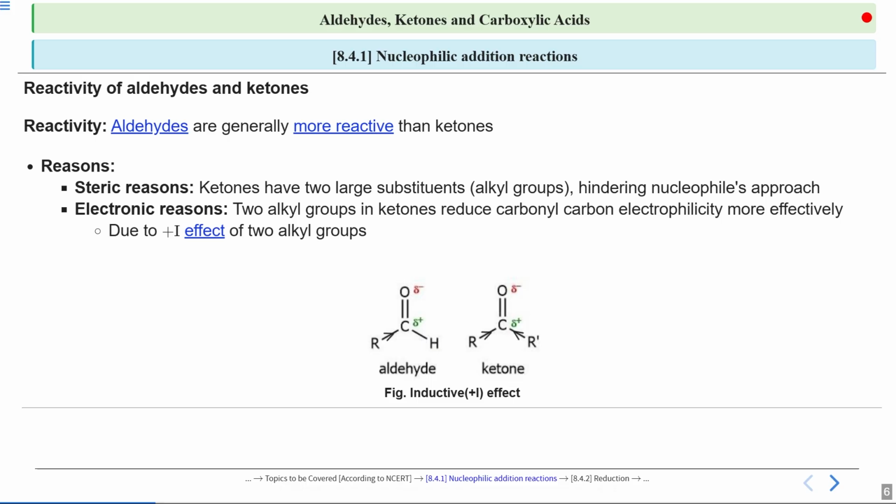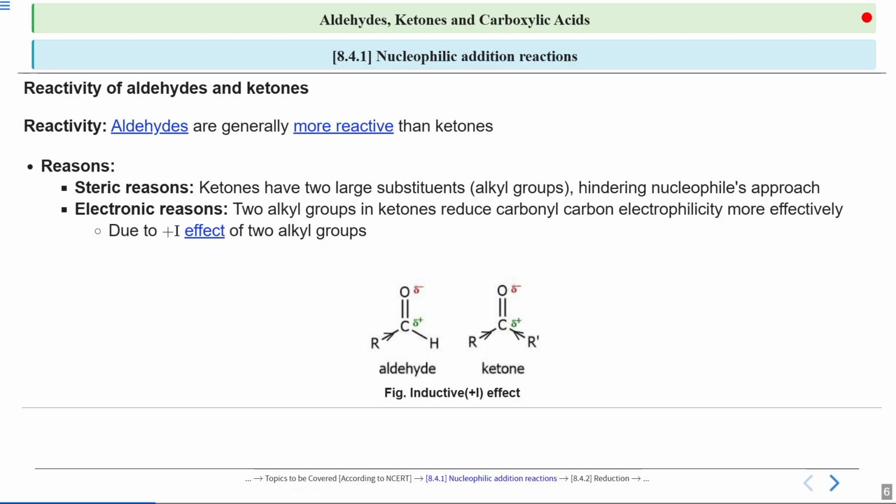This shielding makes it less likely for the nucleophile to attack the carbonyl carbon because of this steric hindrance factor. Thus, it reduces the reactivity of ketones as compared to aldehydes. Okay, so I hope the reasons are clear why aldehydes are generally more reactive than ketones, because of steric reasons and electronic reasons.